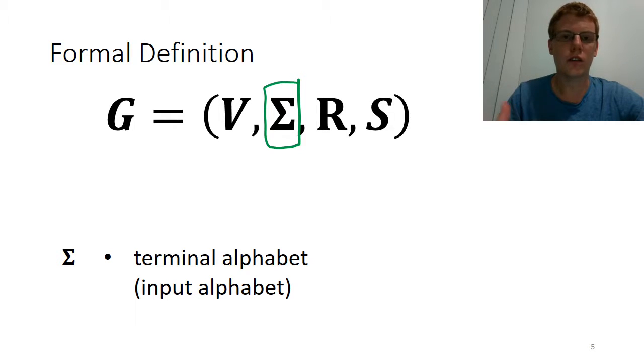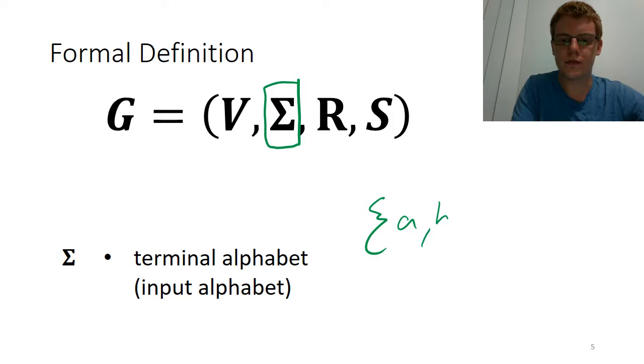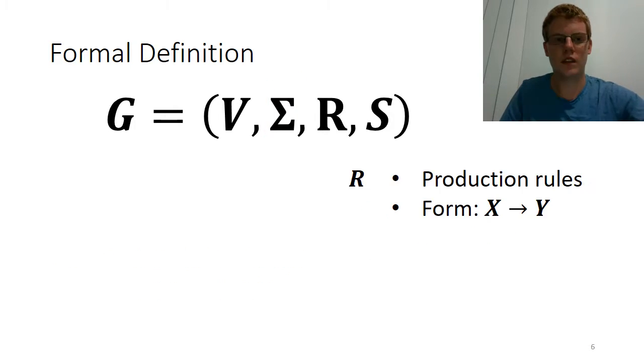So if our language is a language like we described before that could consist of A, B's and C's, then sigma will look like this. Nothing particularly new. R, the third element here, is a set of rules that we use to build up the strings in the language from a starting symbol. I'll describe these in more detail later.